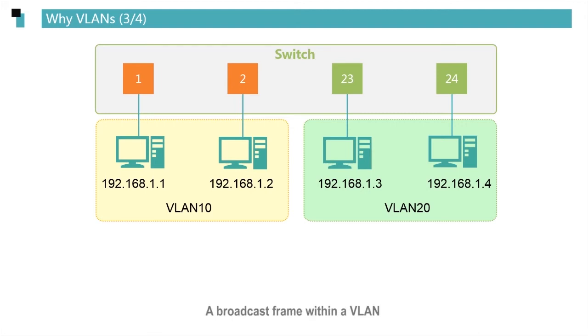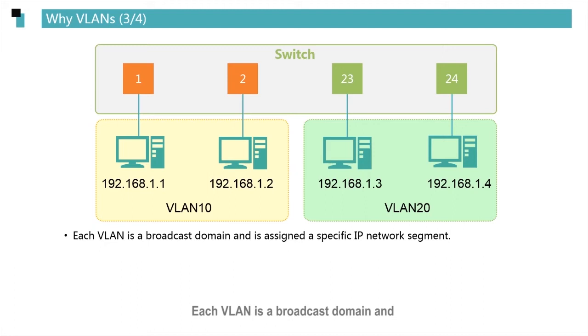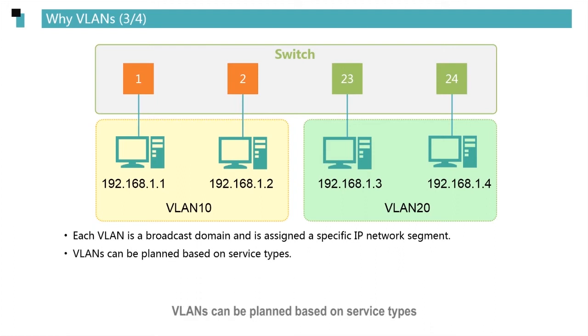A broadcast frame within a VLAN cannot be flooded to another VLAN because the two VLANs are in different broadcast domains. Each VLAN is a broadcast domain and assigned to a specific IP network segment. VLANs can be planned based on service types.